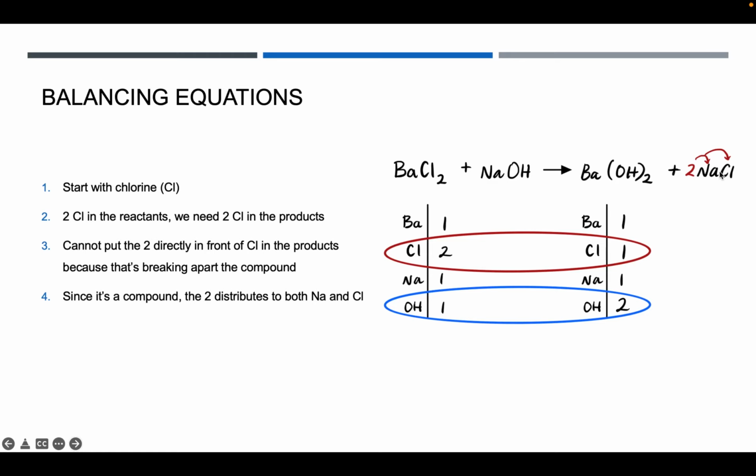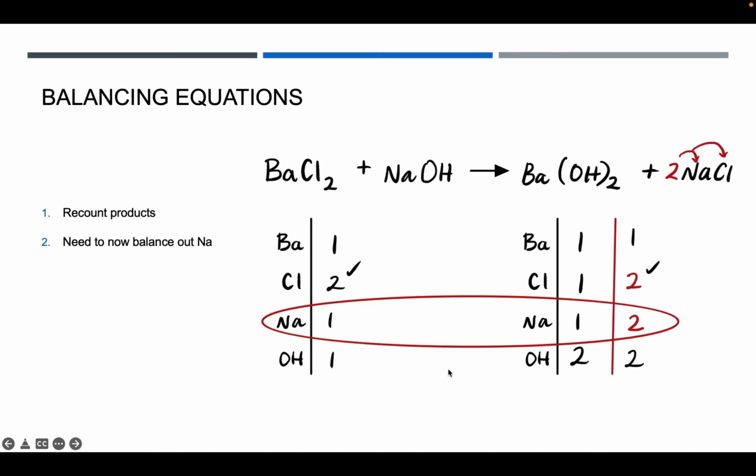However, I can't just put the 2 right in front of my chlorine because this is already a formed compound. I can't change it. Therefore, I have to put it directly in front of the compound. And like with college algebra, you're distributing this 2 to both elements. So what we're going to do is multiply the sodium by 2 as well as the chlorine.